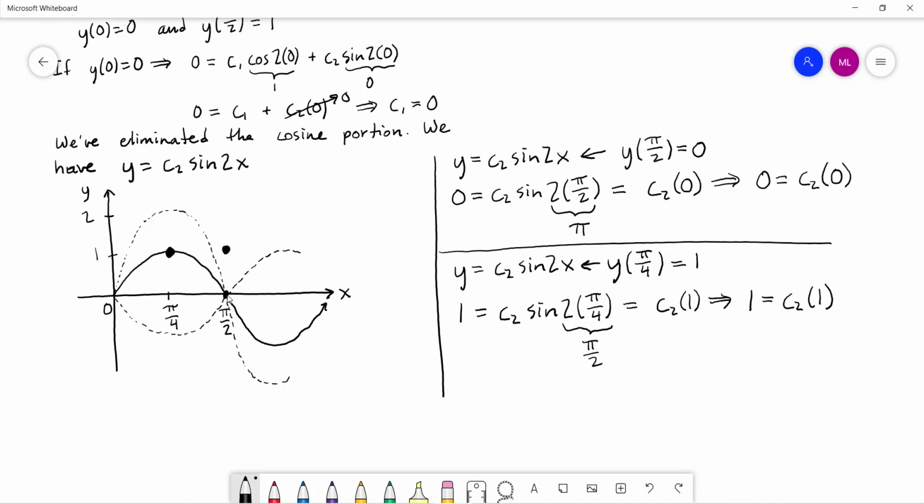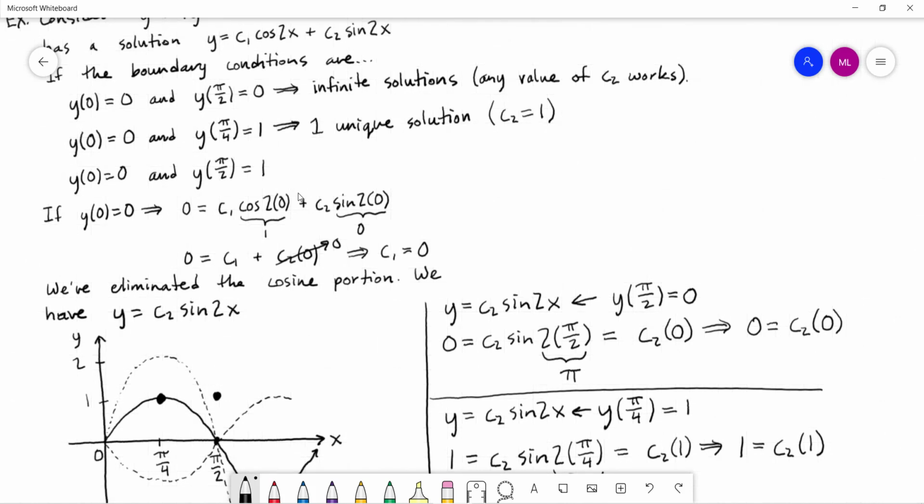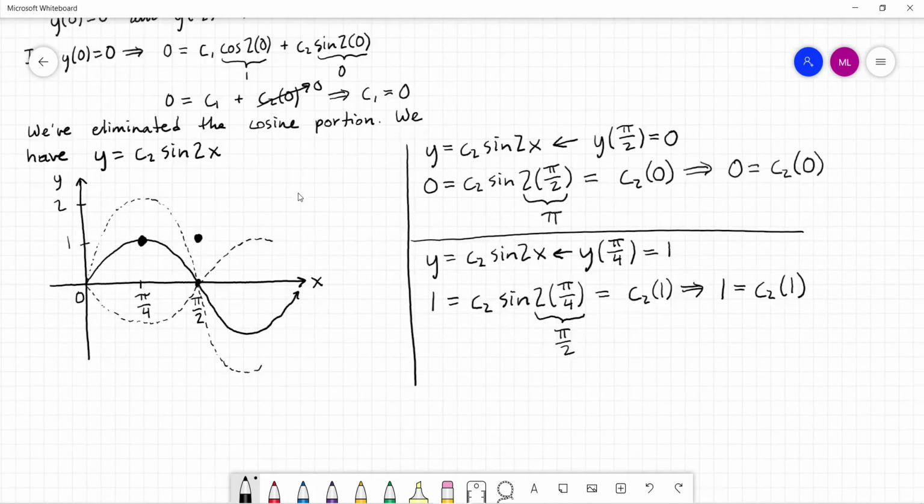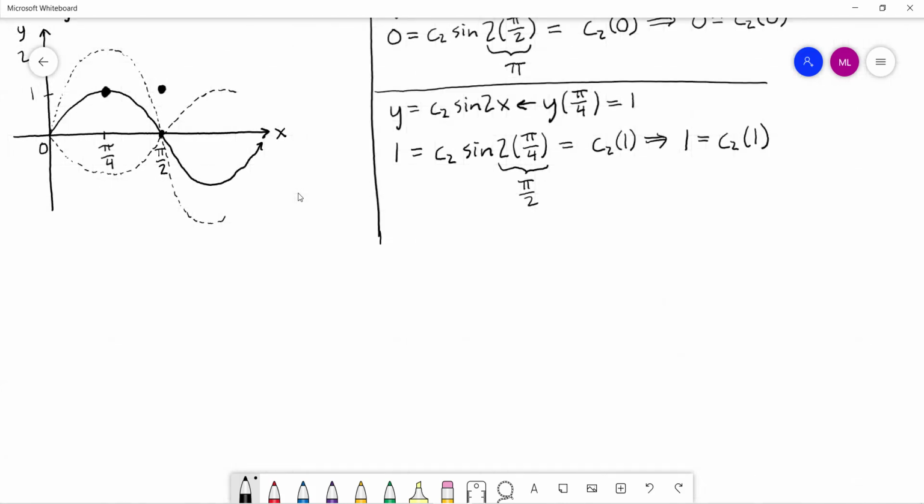It's impossible to make a sine curve of this shape, where the frequency has a factor of 2 in there, go through this point. So this has no solutions.